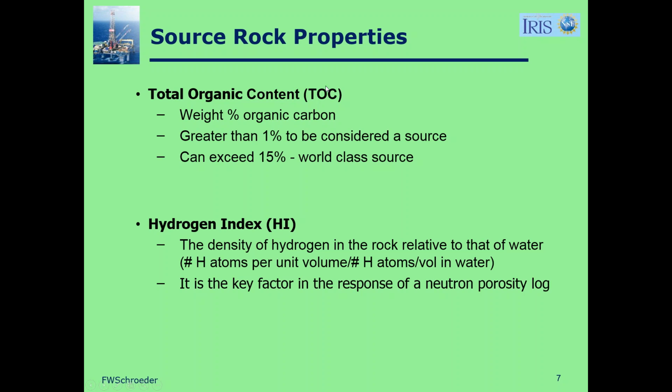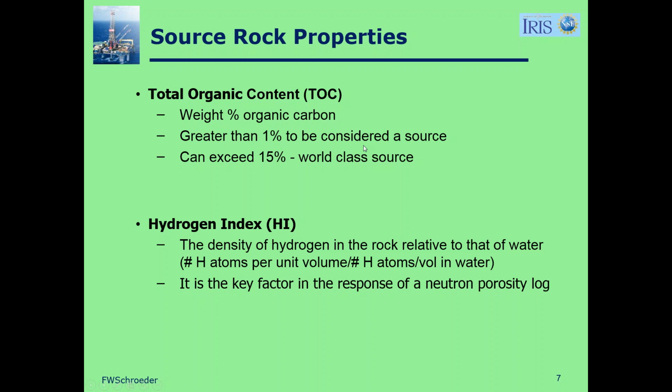And so if I had 100 grams of a formation and was able to separate out the organic component from everything else, I would weigh how much that organic material weighed. And let's say out of 100 grams, I had 1 gram of organic material, that would be 1%. Anything that has 1% or greater would be considered a source rock, or a potential source rock at least.